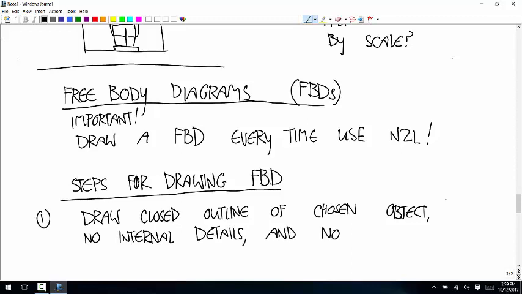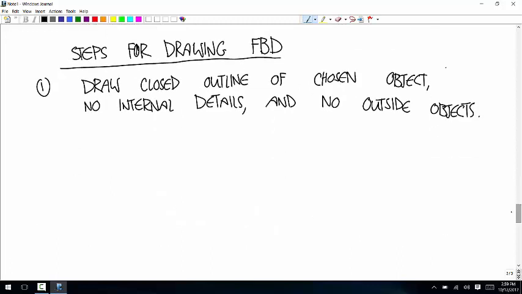And no outside objects should be in the picture. Okay, so if you're doing a free body diagram of the guy on the scale, okay, so that's a closed outline. It's an outline all the way around what we're choosing to isolate.